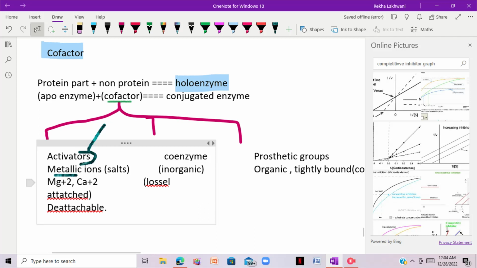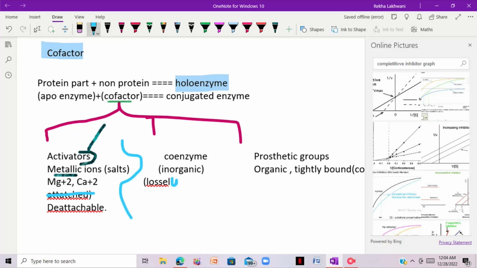These examples include NAD, which is nicotinamide adenine dinucleotide, an example of a coenzyme, and another example is NADP, which is also an example of a coenzyme. If we talk about the prosthetic group, we have the example of FAD. FAD is an example of a prosthetic group.